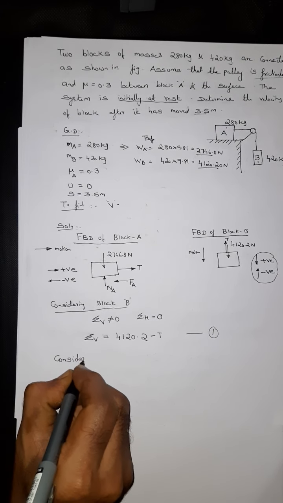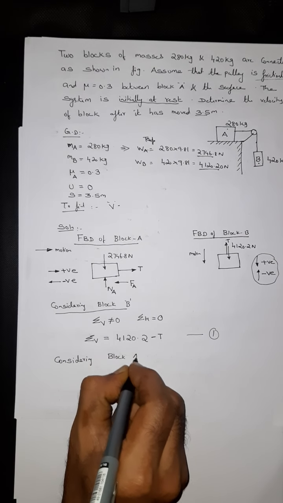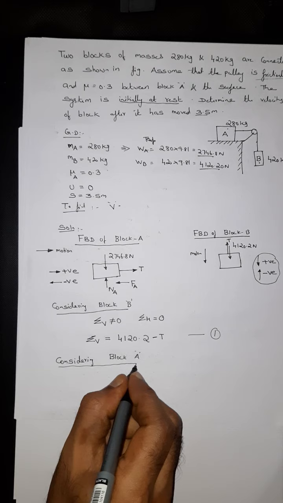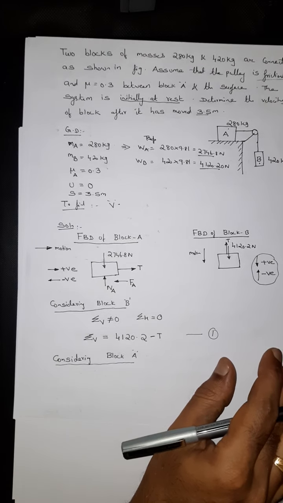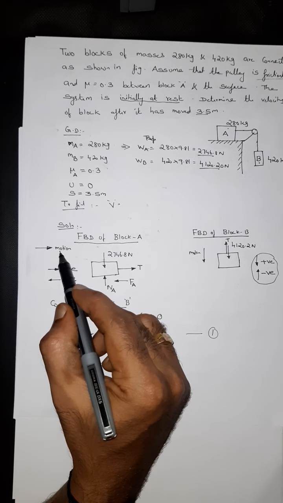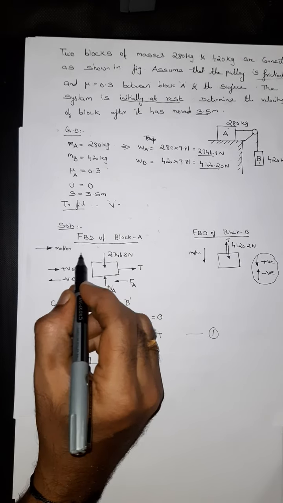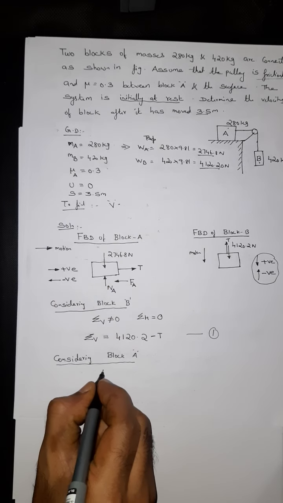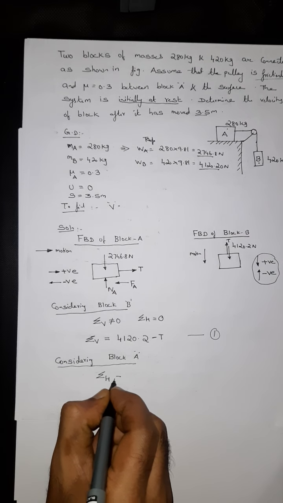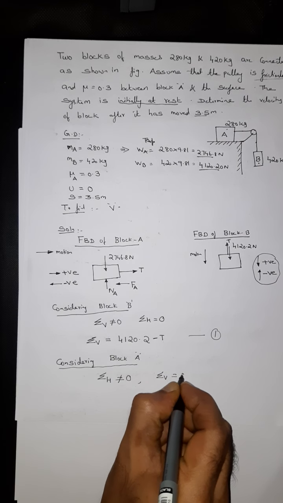Now I'm going to consider the block A. Look at the FBD of block A, where the motion is in the horizontal direction. There is a positive X direction. Therefore here summation H is not equal to 0 and summation V equal to 0.